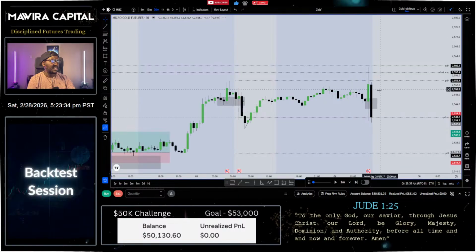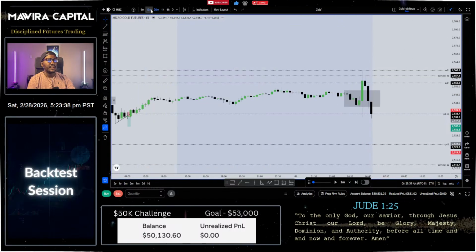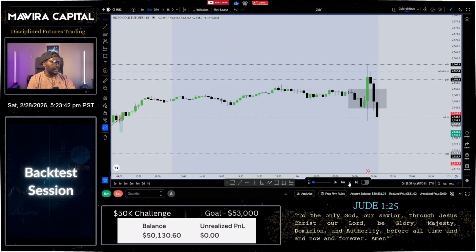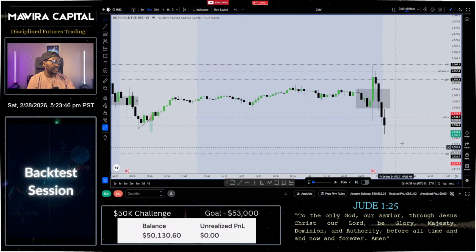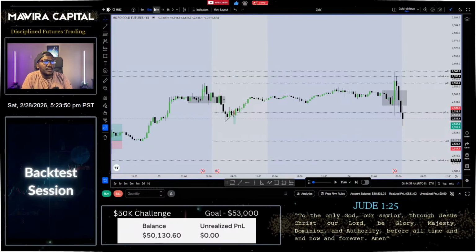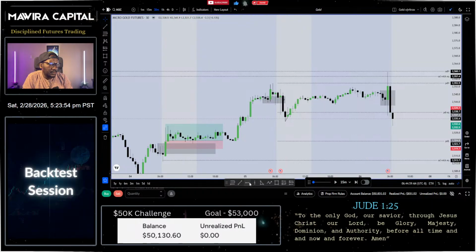No, let's go with the 30-minute in case price wants to stay down there, or wants to go up further. So I don't like trading the first 15 minutes, so let's run that, see how that goes. Let's see if there's another zone on the left here that we could use. This one.